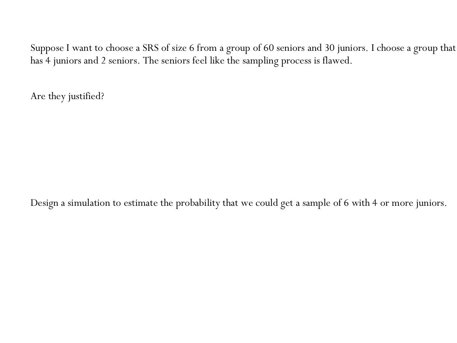So what we're going to do is design a simulation to decide: is it possible that we could have gotten this lopsided a sample by chance alone? Because you wouldn't want to get mad at somebody for doing something that was just random chance. Cool? So how would you do it?